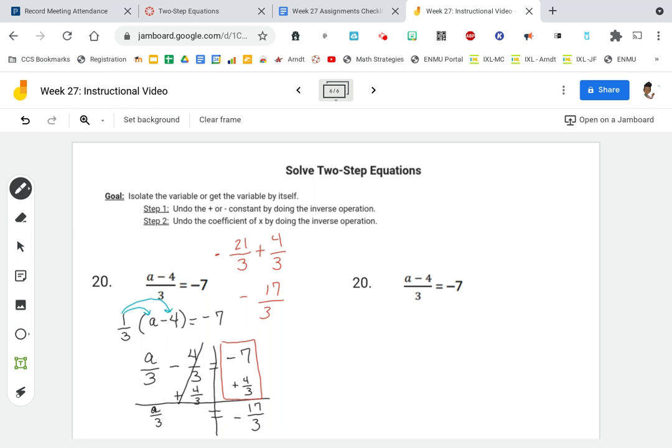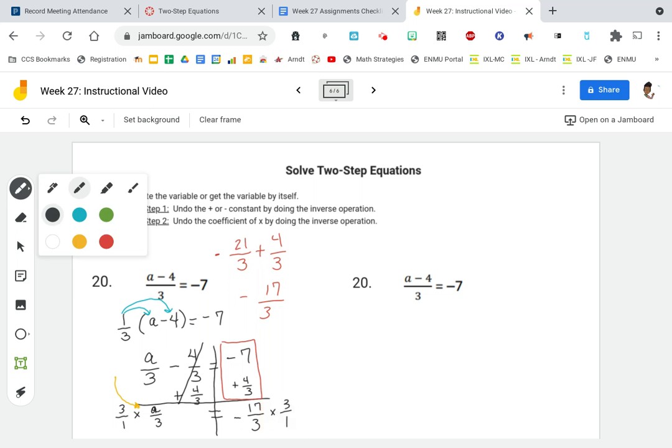But right now, our variable, which is right here, is not by itself because it is being divided by 3. So the opposite of dividing by 3 is multiplying by 3. But what we do to one side, we have to do to the other.